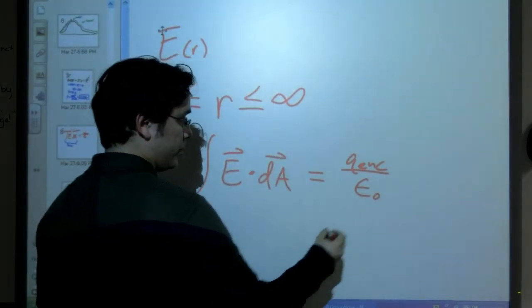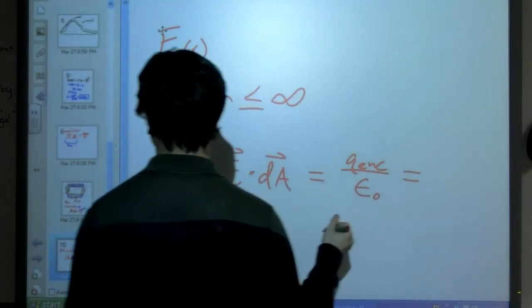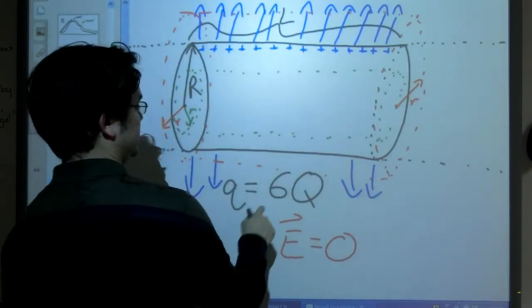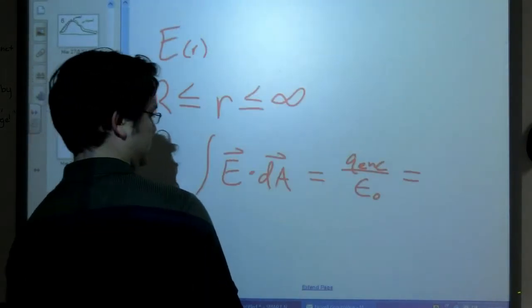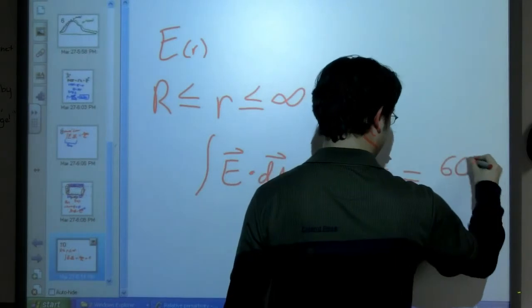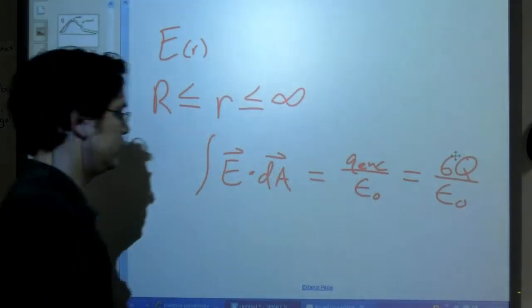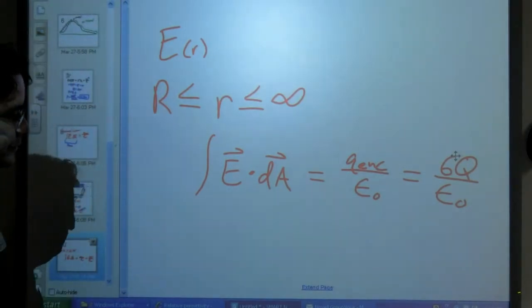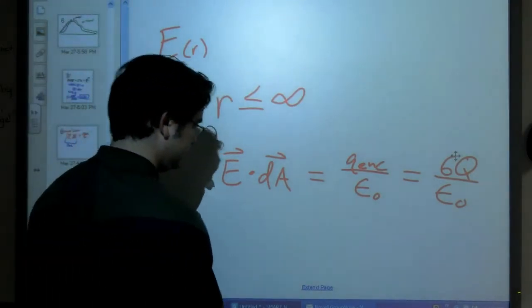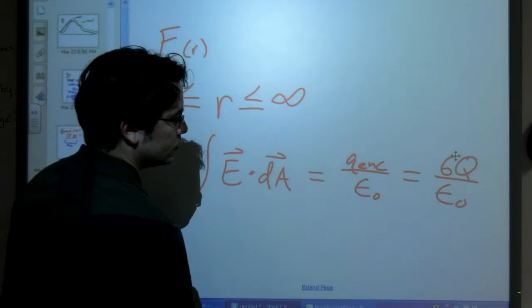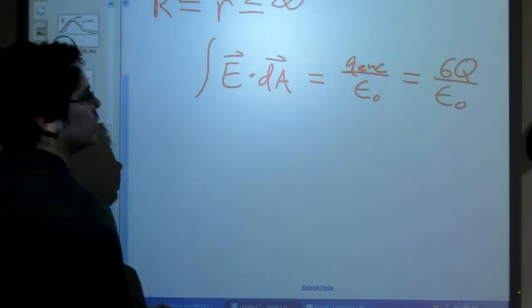Well, I know that my Q enclosed, I've got all of the charge enclosed. And I said all of the charge was 6Q. So 6Q divided by epsilon naught. All right.